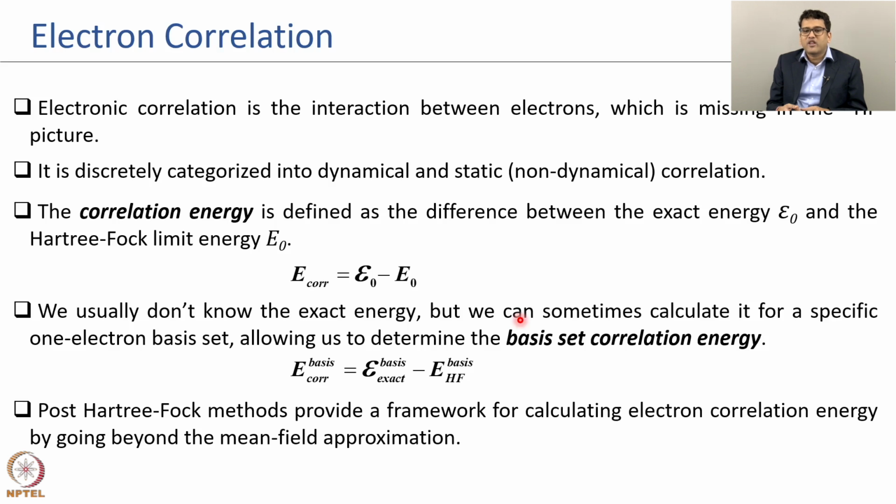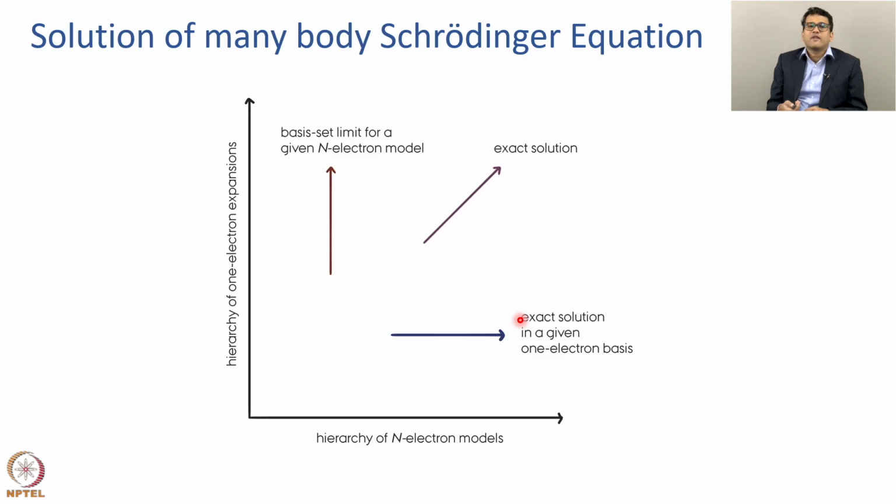And post Hartree-Fock methods provide a framework for electron correlation energy by going beyond the mean field approximation. Now, just try to think of this visually. There are two axes. One is the hierarchy of n electron models. I am starting from Hartree-Fock and treating the electron correlation as accurately as I can, so I am moving along the x axis, whereas along the y axis I am moving in the hierarchy of one electron basis.